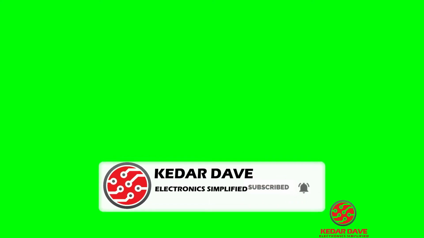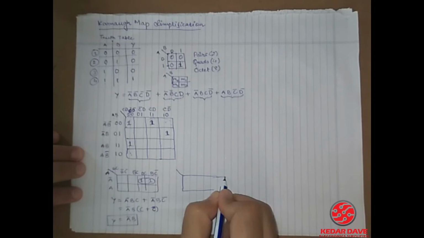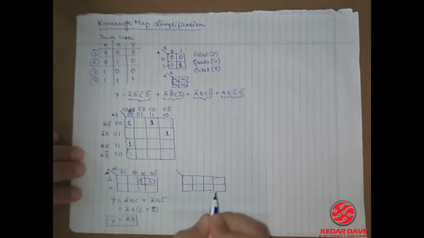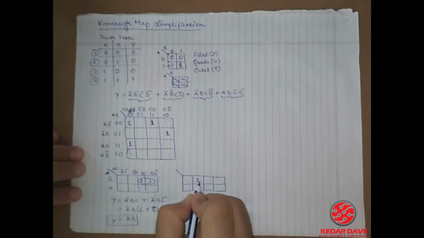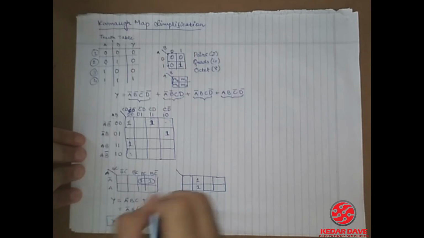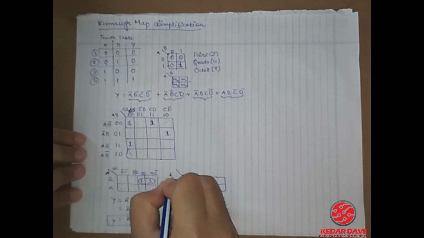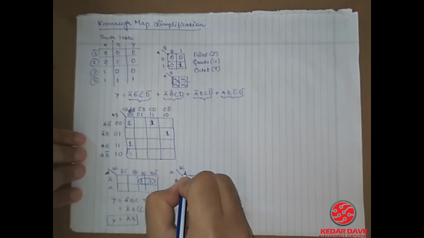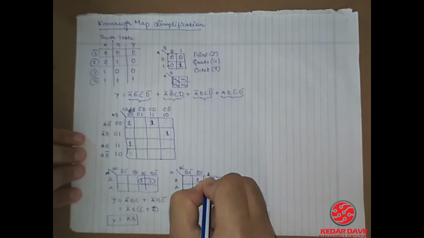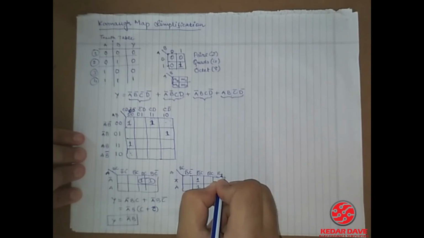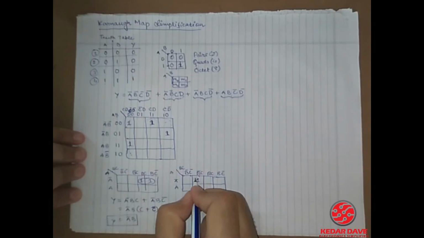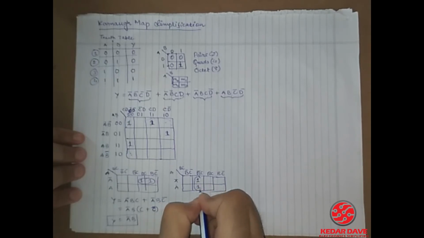Or else, one more thing, if we take one more case, that 1 1 is over here, and the rest of the things will be the same for the condition, that A bar A, B C, over here B bar C bar, over here B bar C, over here B C, and over here B C bar, right? So in this case we are getting a pair this way.